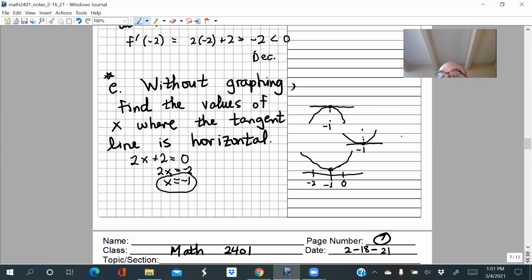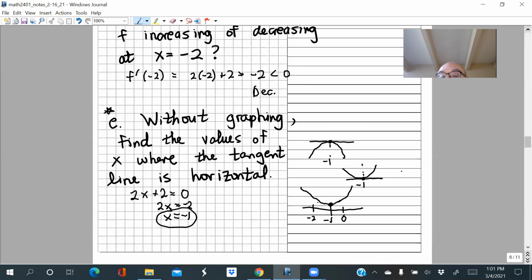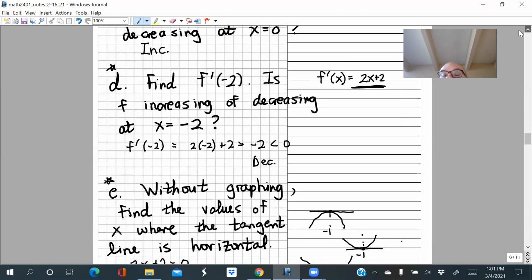Those are usually very important points on a graph. They usually answer lots of practical questions for us. When you find the turning points, you'll also be able to deduce where a function is increasing and where it's decreasing.